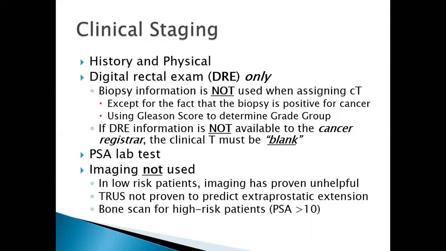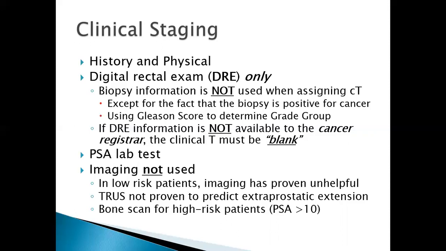Then we don't have that information, so it has to be left blank, okay? So for clinical T, you're going to use that DRE to assign the clinical T category, okay?